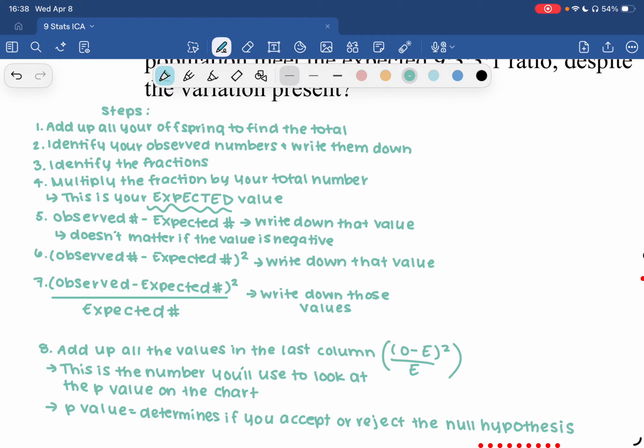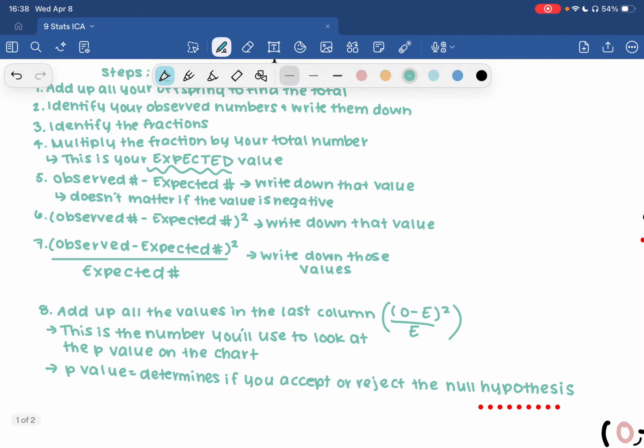Then you're going to take your observed minus expected number, square that, and divide it over your expected number, write down that value, and then add up all of the values in the last column, which is represented by O minus E squared over E. This is the number that you'll use to look at the p-value on the chart. The p-value is what determines if you accept or reject the null hypothesis, not the total added up number you get when you add up all the different values together.